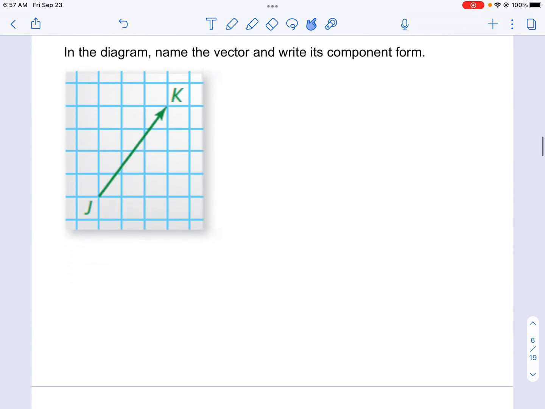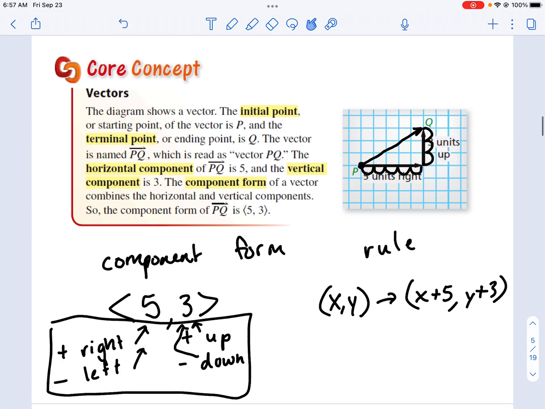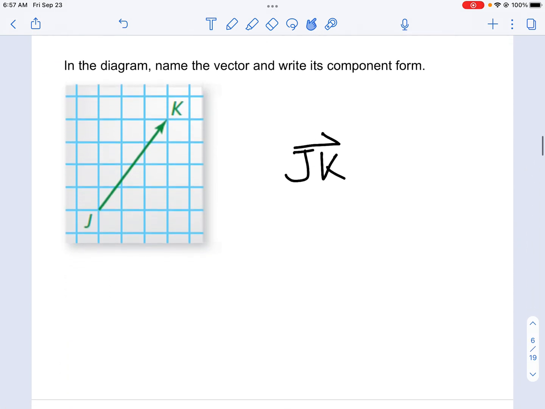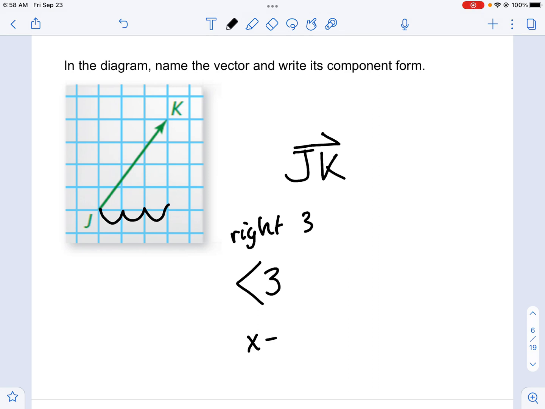Okay, so it says name this vector. That's easy. It's j to k. Vectors are written like that. As you can tell, the little half arrow. And let's see, to get from j to k, looks like we're right 1, 2, 3. So we're going right 3. That's a positive 3, or an x plus 3.